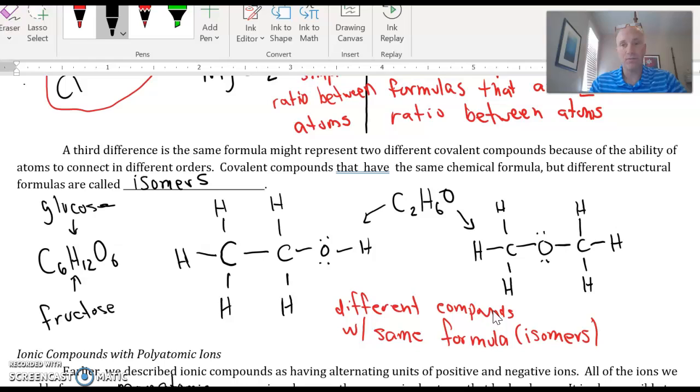They have different physical and chemical properties. One of them has a higher boiling point than the other. But they share one thing in common: they would have the exact same number of carbons, hydrogens, and oxygens within that simplest unit. So the name for those is isomers, and you don't have that with ionic compounds.